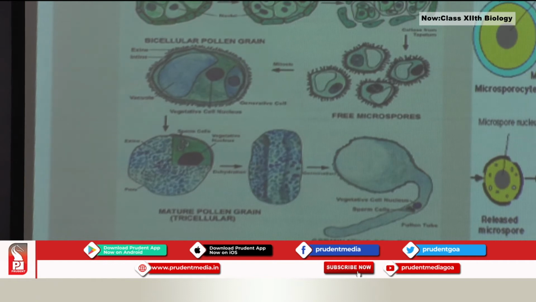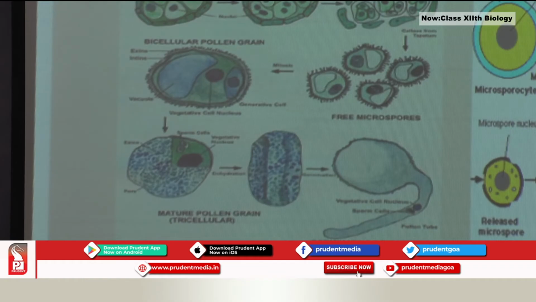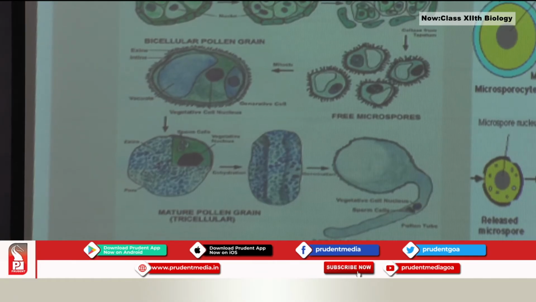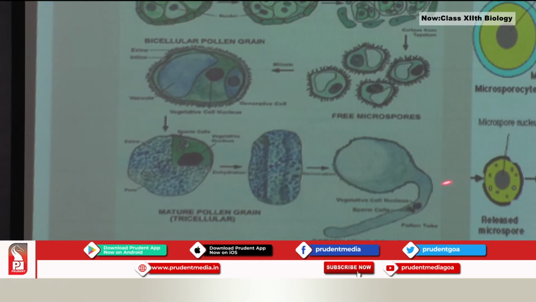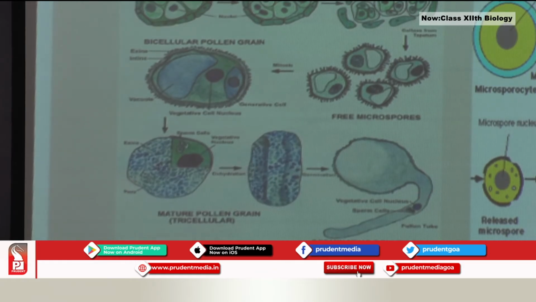As a result, what will happen now? Cell walls are going to be laid around each of the nuclei to give rise to 4 microspores, which are joined together by the callose to form something known as the tetrad. The tetrad will get dissolved by the callase enzyme. Now each of these microspores will undergo development to become the matured pollen grain.